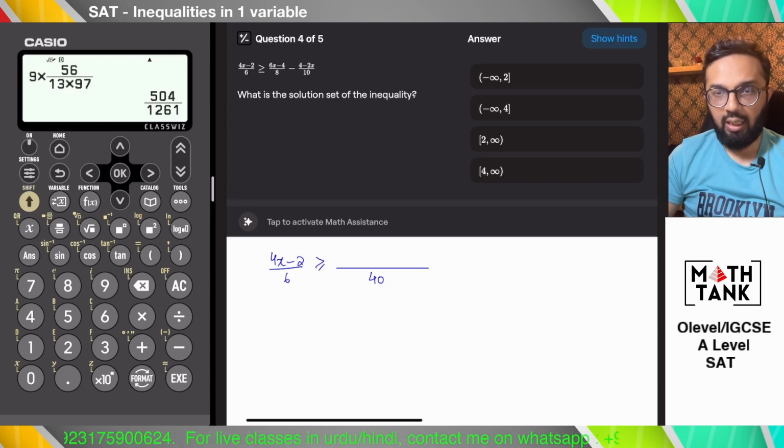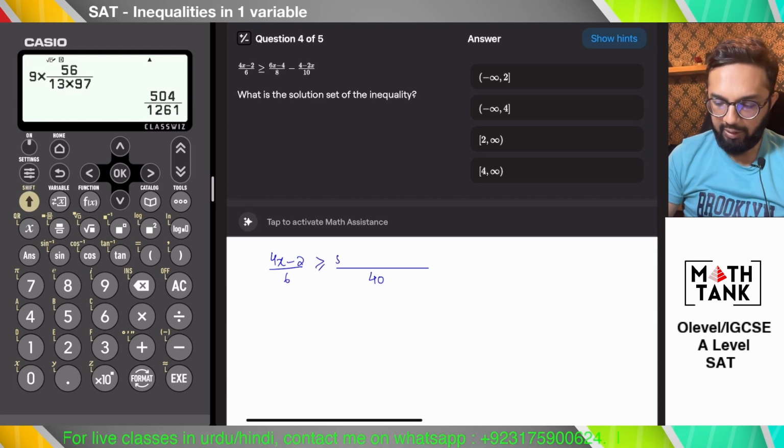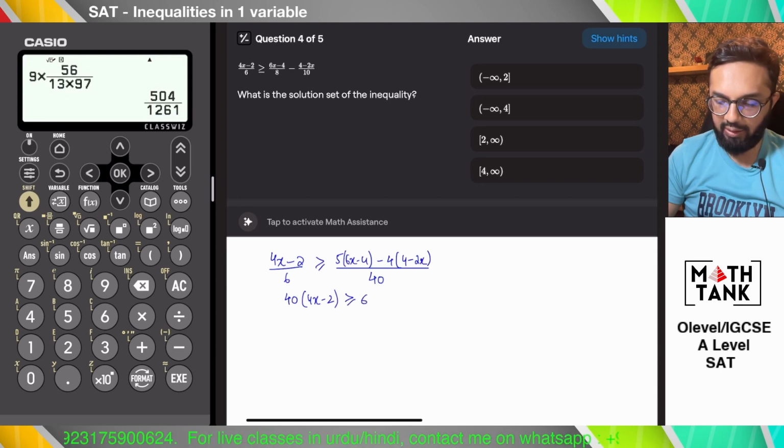I'm going to say that this gets multiplied by 5 and this gets multiplied by 4. Okay, so 40 times 4x minus 2 and 6 times what I've cross multiplied as well. 6 times this is 30x minus 20 minus 16 plus 8x.